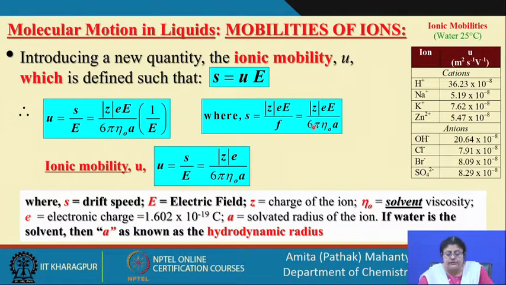So, what are the variables you can see? The variables you can see are in this expression. If I have a fixed value of the electric field applied, then the drift speed S is going to depend directly on the charge number and inversely on the hydrated radius or solvated radius of the ion, and inversely on the viscosity of the solvent.